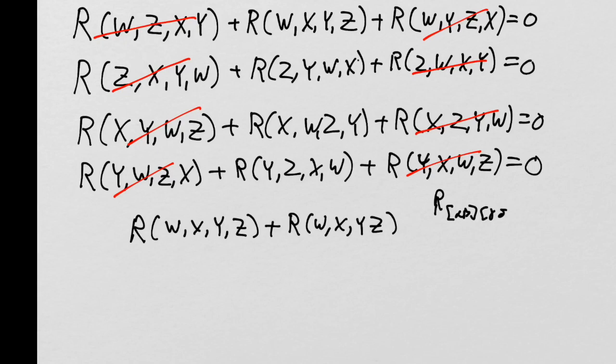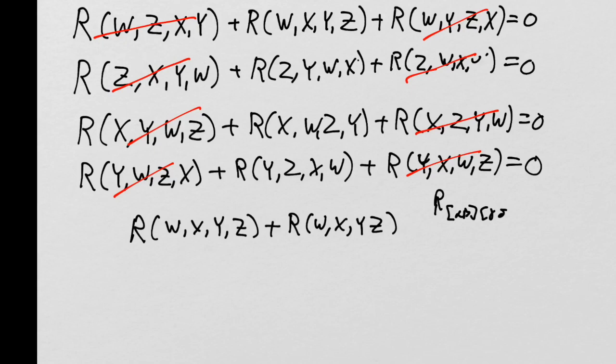Z Y W X. And then this last one needs to be R Z W X Y, and then the Z W and the W Z, these are the two that cancel, right? Like this. Those are the two that cancel.